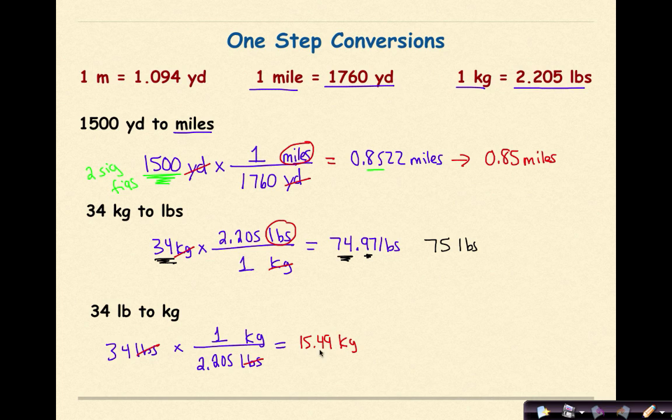And then I'm going to think about rounding. Now, technically, because this is 0.4, I'm going to round down. So I'm going to have 15 kilograms as my final answer. And it's going to be 15 because, again, I have 34 to start with, which is 2 significant figures. Therefore, my answer needs to end in 2 significant figures.